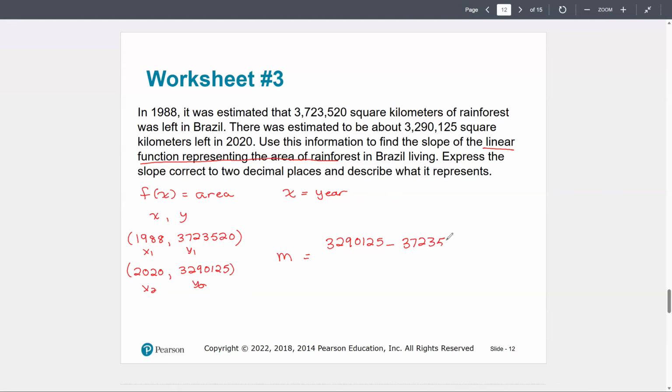I'm just going to write the numbers down as opposed to trying to say all those millions of square kilometers of rainforest again. This area goes along with the year 2020, and this area goes along with the year 1988.